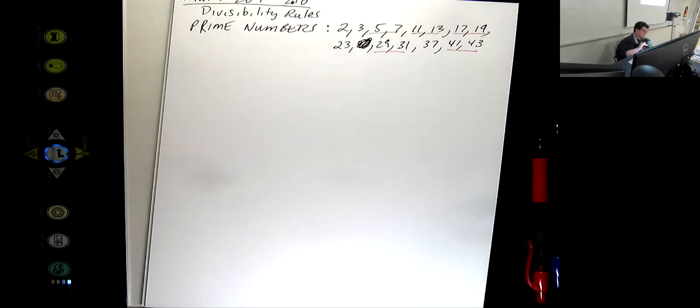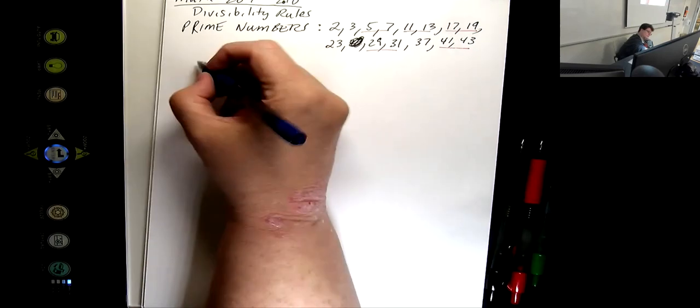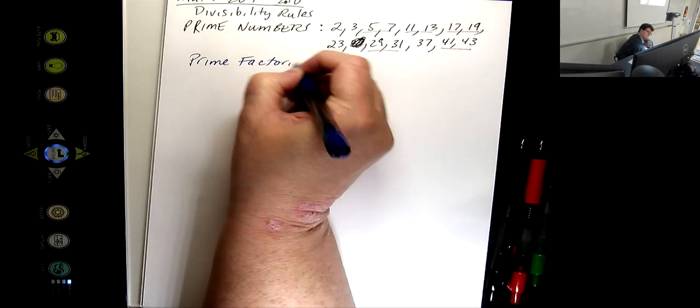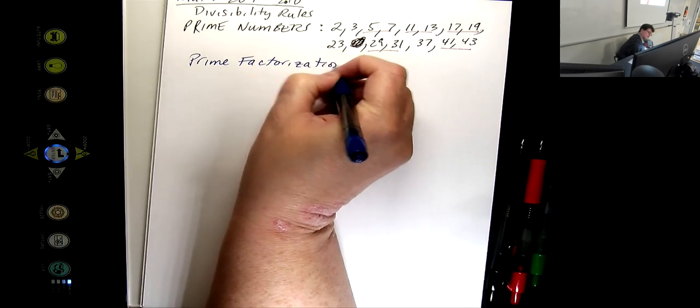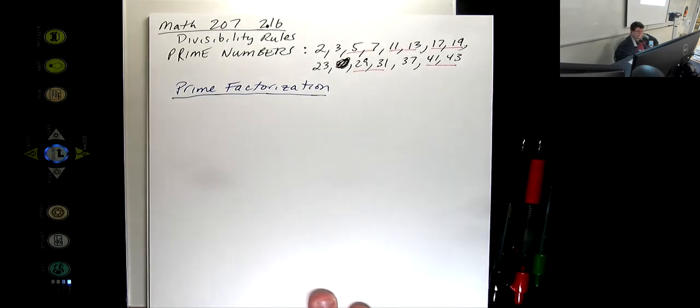So let's take advantage of the prime numbers and let's look at a prime factorization. I don't know if I started this or not, but we're going to start it here.